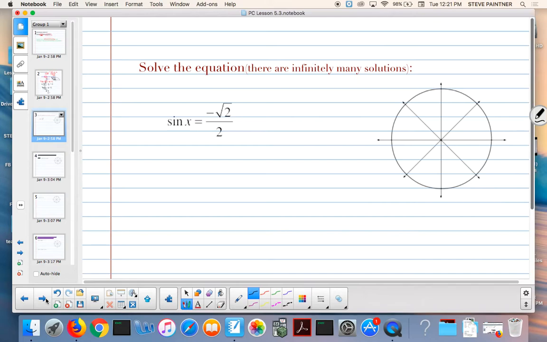There are infinitely many solutions, and we'll talk about that in a second, but let's just get one answer. You actually did this in chapter 4. How do we do it? Sine of what angle, that you're solving for x, sine of what angle equals that ratio?